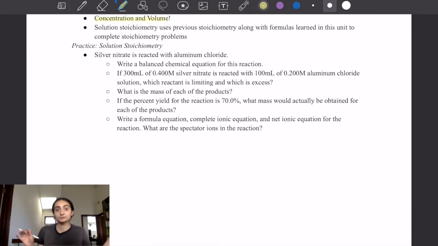So now, based on what you know, stoichiometry, if you've been following with my videos, can involve mass, concentration, volume, and pressure. So our example problem is silver nitrate is reacted with aluminum chloride. We have part A, write a balanced chemical equation for this reaction.